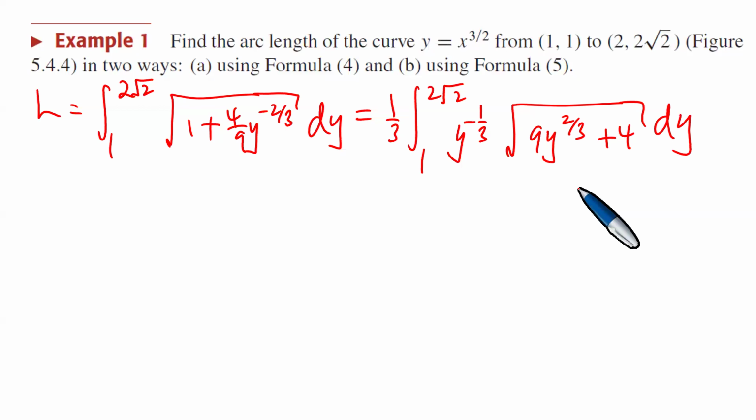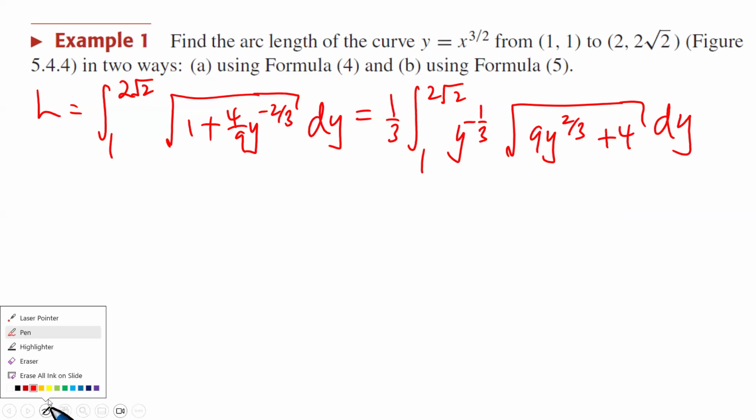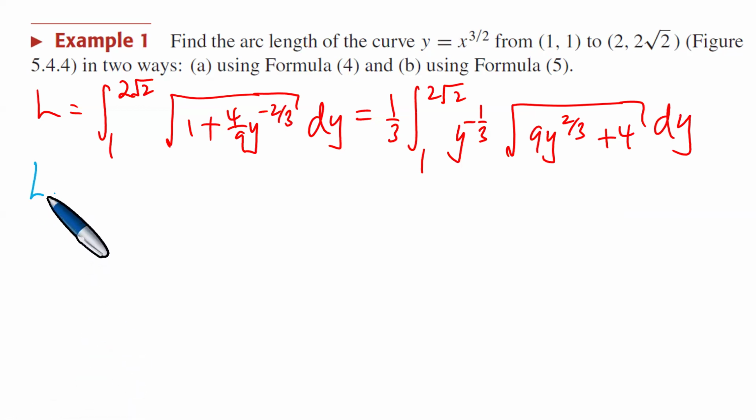To evaluate this integral here, it's easy. Let u be everything under the square root, 9y to the 2/3 plus 4.